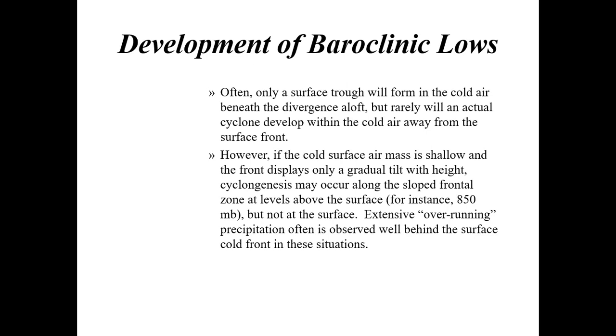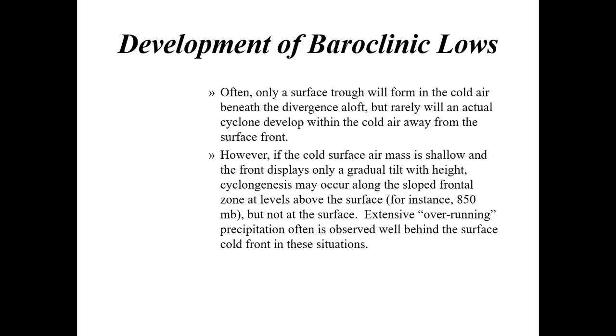However, if that cold surface air mass is shallow and the front displays only a gradual tilt with height, you could get some cyclogenesis along the sloped frontal zone at levels above the surface. So you get what's known as extensive overrunning in that case, overrunning precipitation, which is often well observed behind the surface cold front in these situations. With most cold frontal passages, you get high pressure to build in right behind those frontal passages.